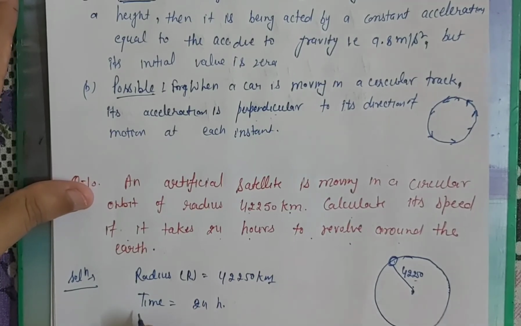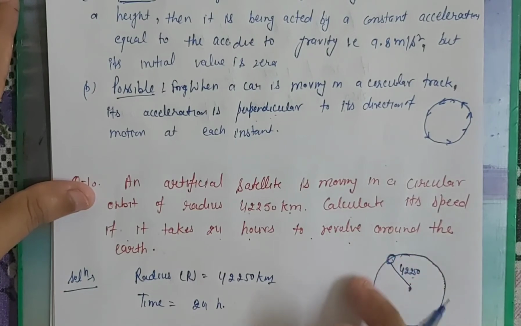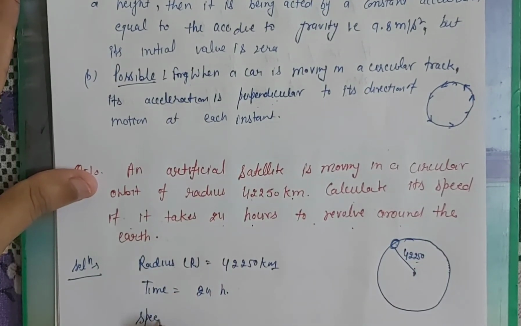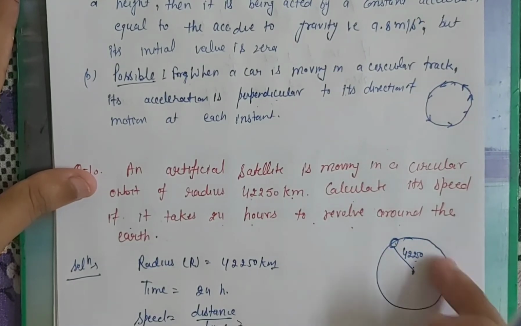Okay, so how can we find the speed when any object is revolving in a circular orbit? As we know, speed is equal to distance divided by time. What is the distance in the case of a circle?